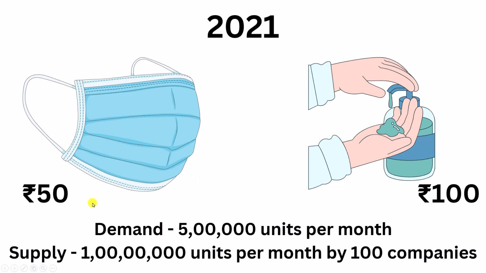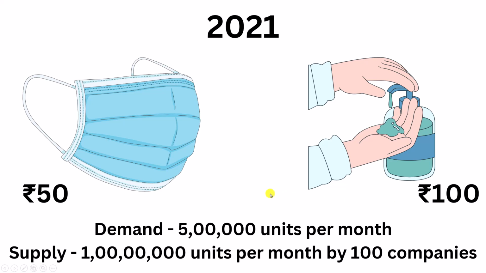And due to this, the price of the masks and the sanitizers reduced. Okay. So this is how supply and demand, or I can say the imbalance between the supply and the demand, moves the price of items.